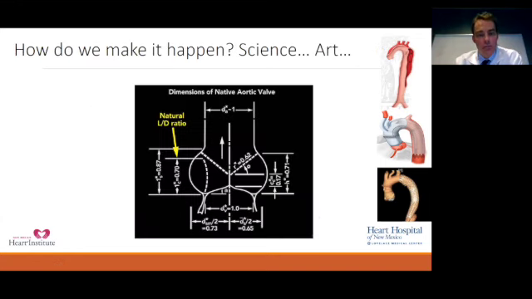There's some science to it, but also a little bit of art, in that you're trying to get all of this geometry right and all of these ratios correct, because this is the only way the reconstructed aortic valve works, with the leaflets coming together and the valve not leaking. If you distort that valve, then it will not work the same. So it's not something that we should be trying here and there, similar to the high volume centers and the low volume centers.